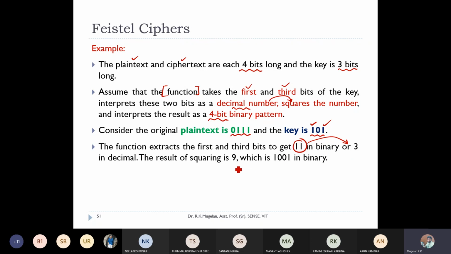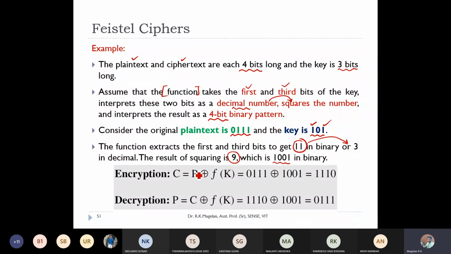Then they are squaring the 3, which we get 9, and if you convert that into binary, we get 1001. So for encryption, the plain text is 0111. The output of f of k is 1001. They got the ciphertext, and the receiver, this is the ciphertext received, recreates this f of k, and if XOR is applied, they get the plain text back.